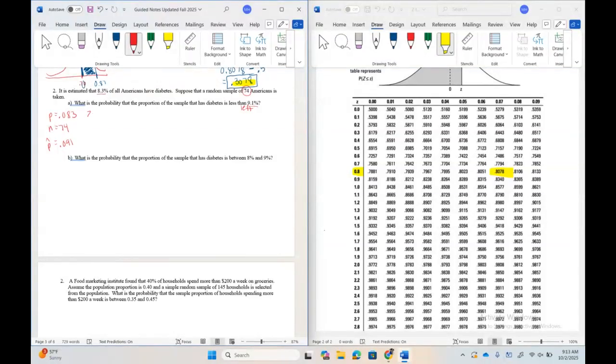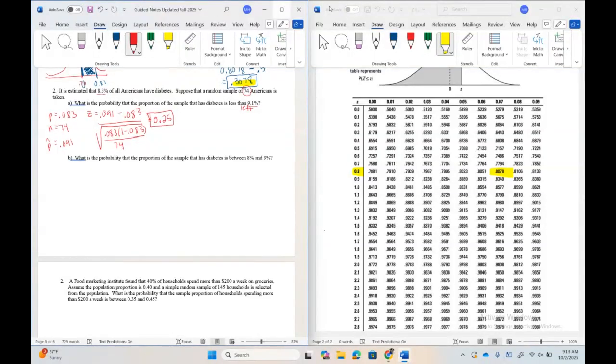So let's find a z-score. So I have p-hat minus p, all over the square root of p times 1 minus p, all over n. So this is going to give us 0.25.